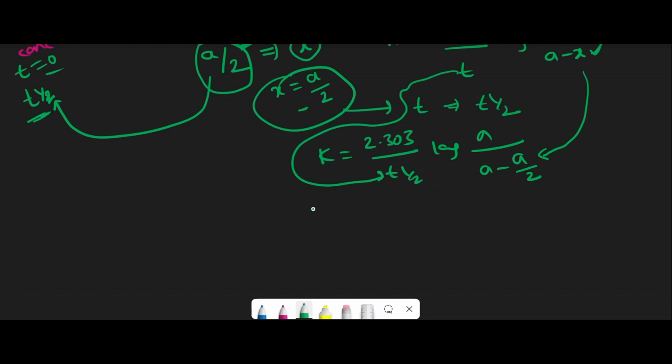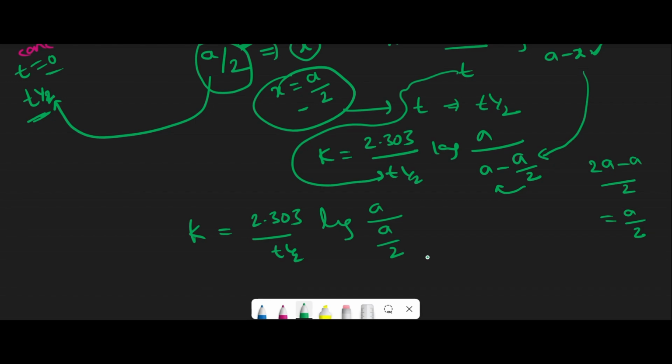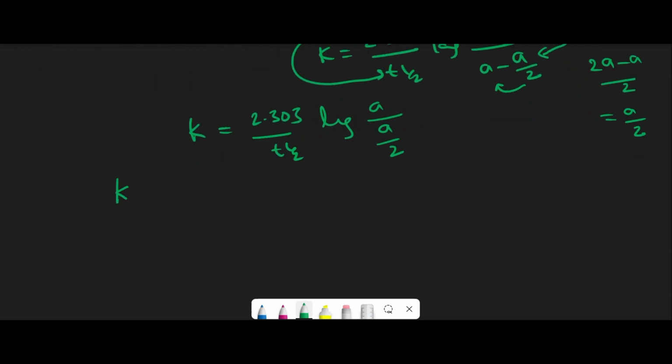So I have substituted that data and, simplifying, k equals 2.303 by t half log. You can simplify this as 2a, right? 2a minus a by 2, that will become a by 2. So log a by a by 2. That means k equals 2.303 by t half log a by 1 into 2 by a.